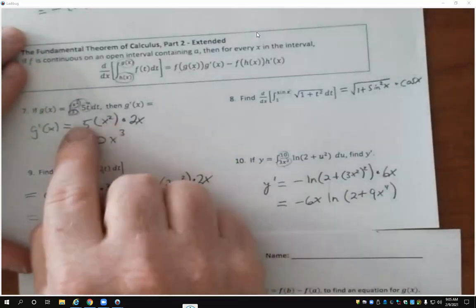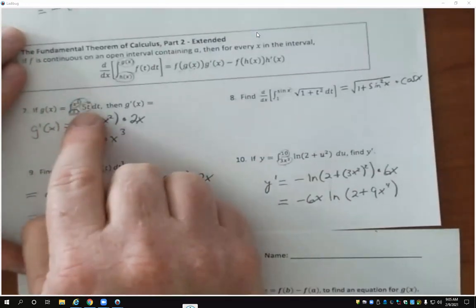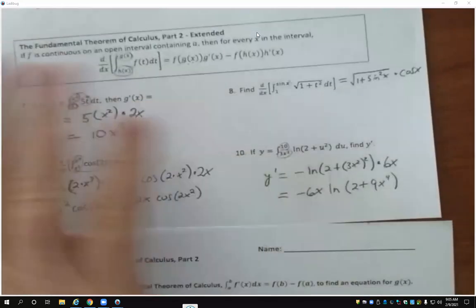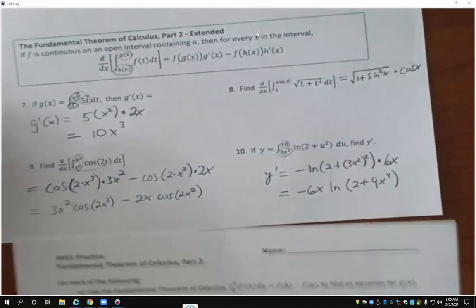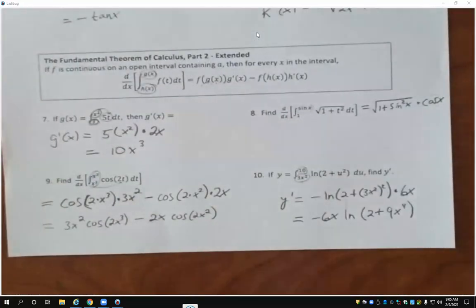We're skipping taking the antiderivative of this first and then taking the derivative of that, to get the derivative by just doing the fundamental theorem of calculus part 2. Did that confuse you more or make it more clear? I'll go with made it more clear.